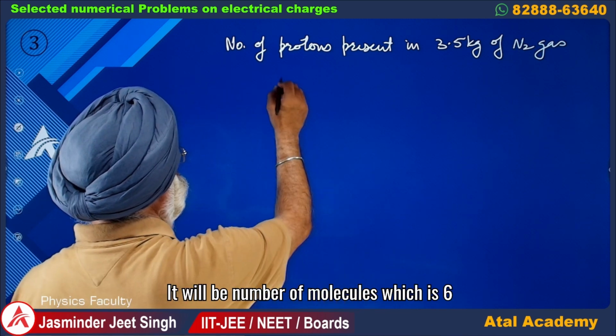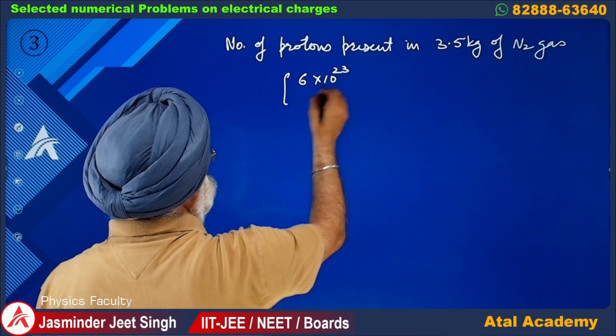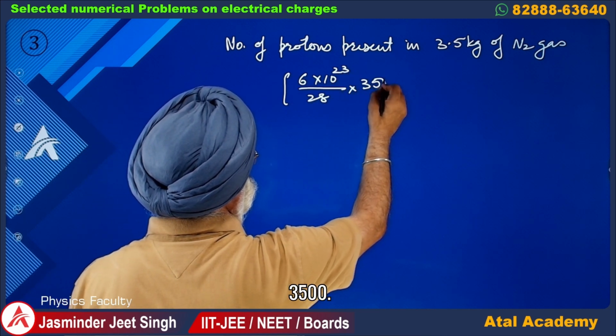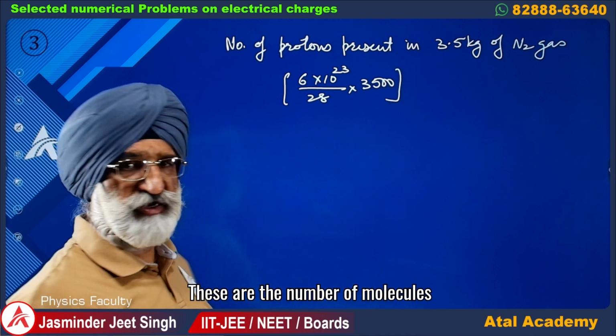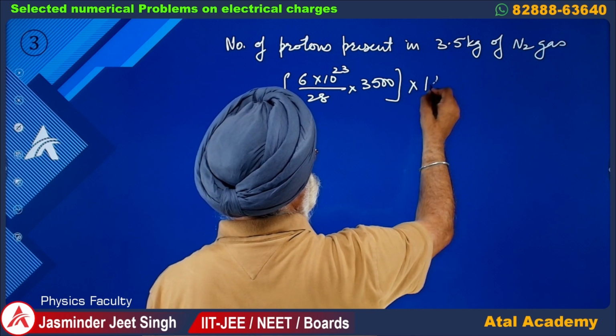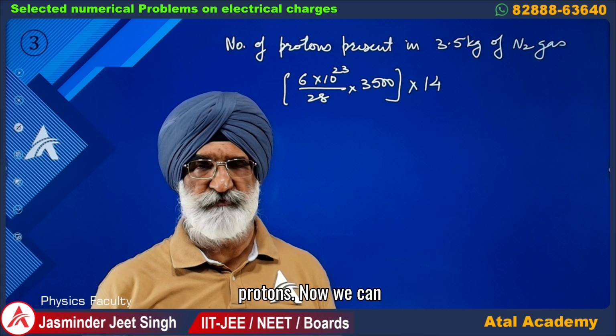It will be the number of molecules, which is 6 into 10 to the power of 23 upon 28 into 3500, into 14. That will give us the number of protons.